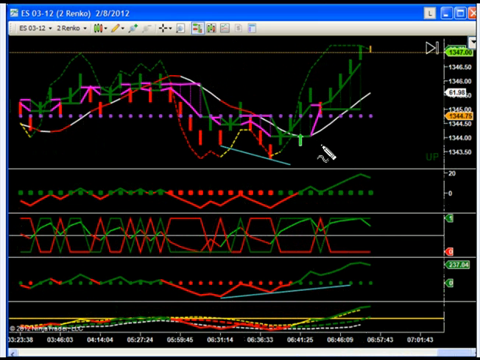Alright, here's the first trade on the 2 Renko this morning, and obviously went into it right here. What I really wanted to show you on this screenshot, however, is the positive divergence of the RWO indicator.